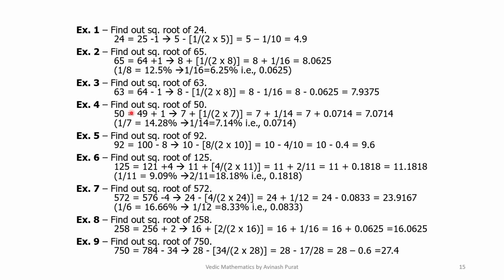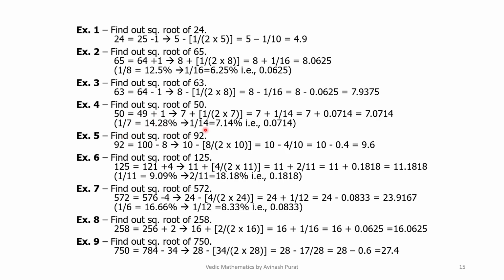Example 4, find out square root of 50. Now 50 is 49 plus 1, 49 is 7 square plus 1, that is 1 divided by 2 into 7, square root of 49, 7. So answer is 7 plus 1 divided by 14. Now 1 by 7 is 14.28%.